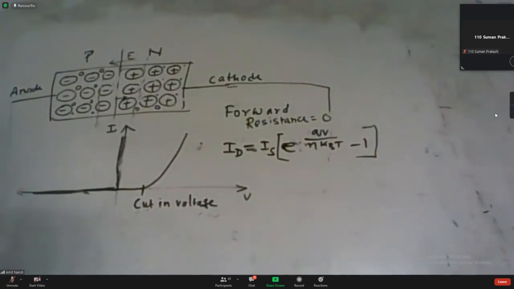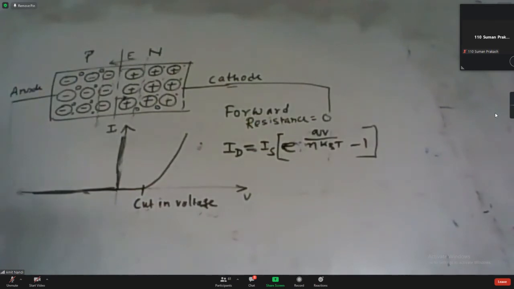In the case of germanium, its value is 1. In the case of silicon, its value is 2. k is the Boltzmann constant, and T is the absolute temperature.